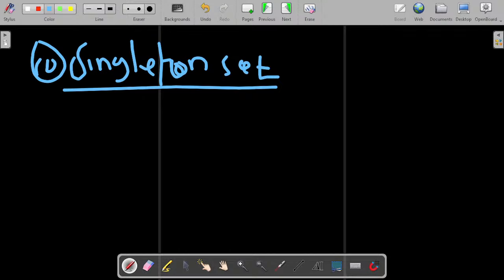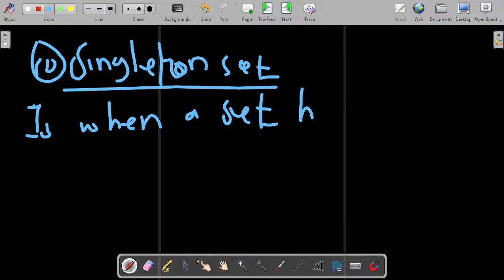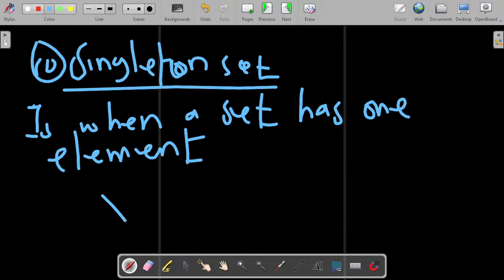Singleton is derived from the word single. It's when a set has one element. For instance, set X, maybe you just have 2. So this is what I mean by single sets or singleton set.